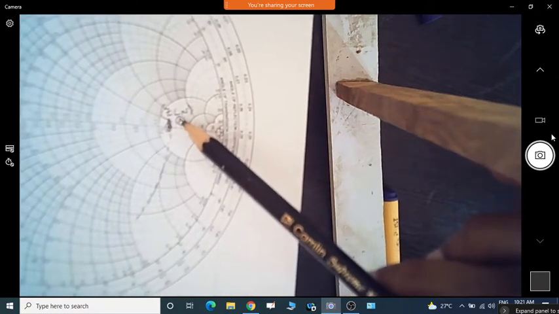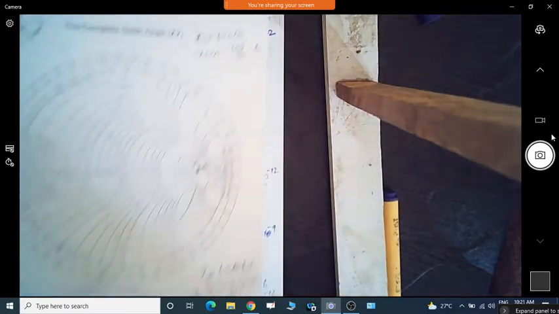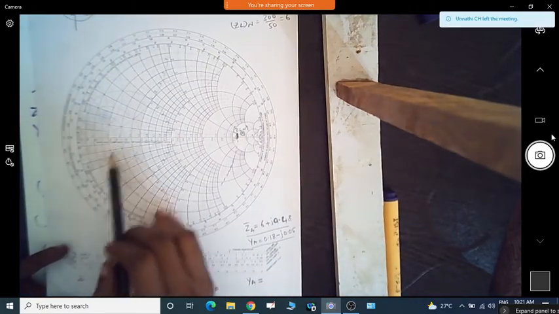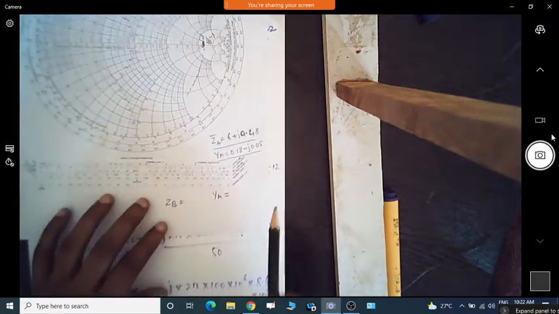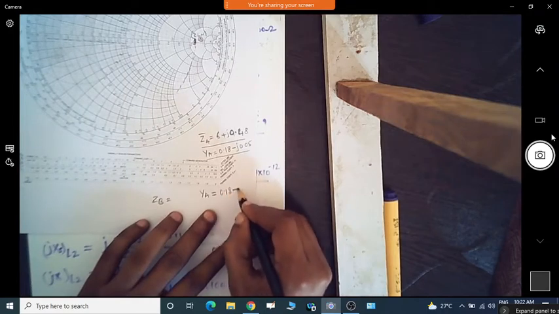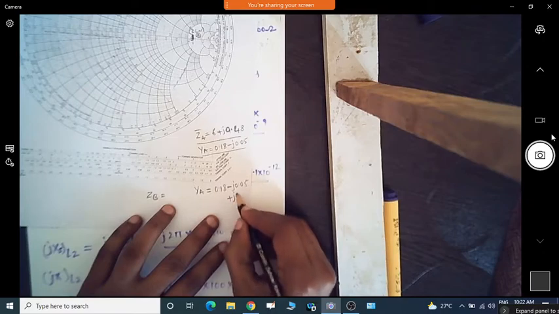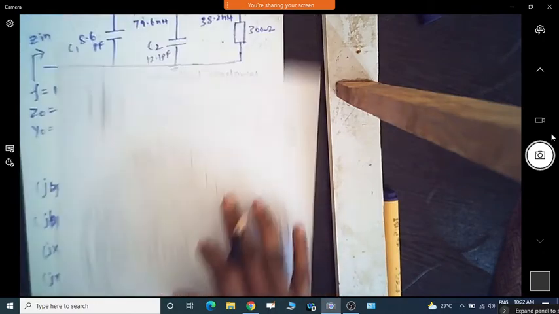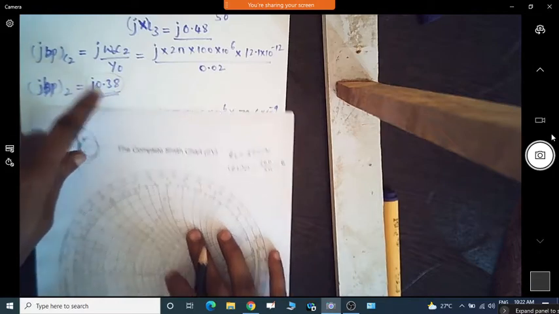Now at point A we find the admittance value by using the Y chart, that is, by using the conductance circle as well as the susceptance circle. So we have YA equal to 0.18 minus J 0.05. Now we need to add 0.38, the susceptance offered by the capacitor C2.